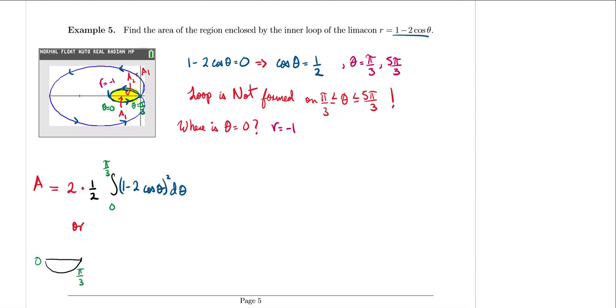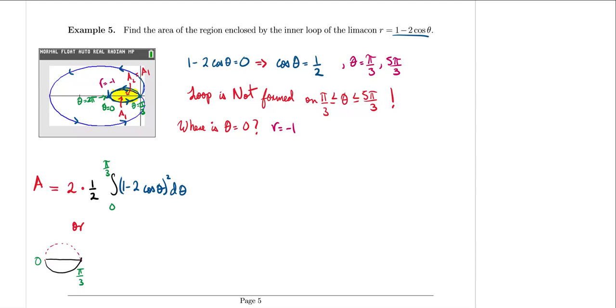Now, what would be the desired angles so that we could trace the upper half of the inner loop? Well, as we were seeing here with the drawing, as we were following the directions, once we got to the r value of -1 here, this theta value is also 2 pi, because you're completing the full cycle here. So what we can do here is to figure out this top half.